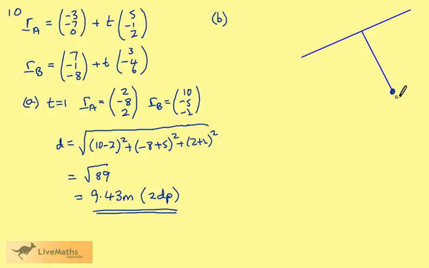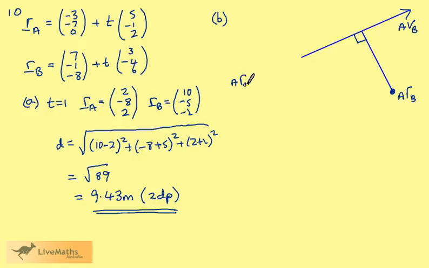Take this point as A relative to B and this direction as the relative velocities. When this is a right angle, we have the shortest distance and the time at which it happens.